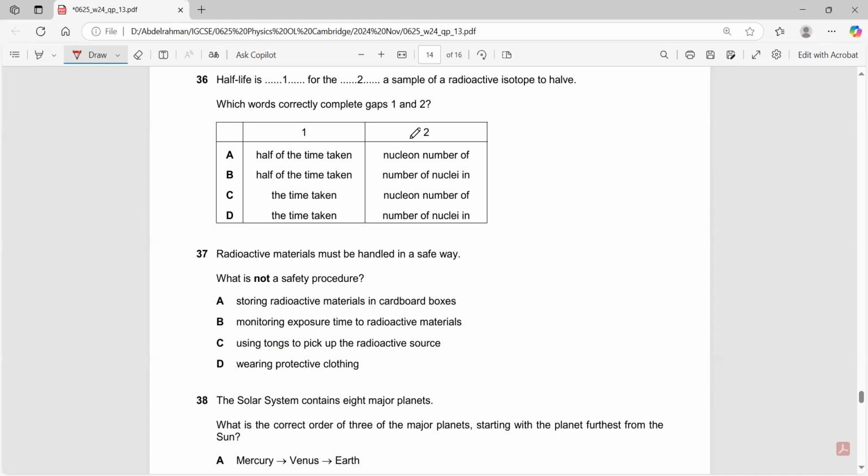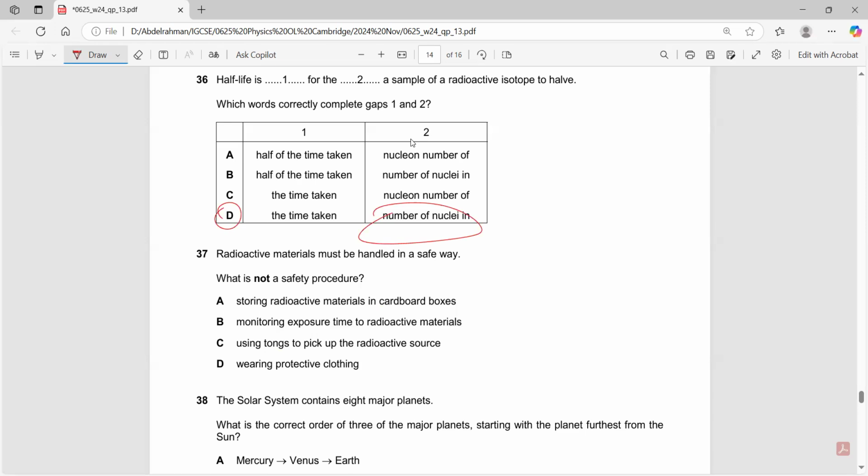Is it the nuclear number? No, we do not actually care about the nuclear number itself. We care about the number of atoms there are. We care about the count rate there is. So the number of nuclei, the total number of atoms that are in the sample that we have.